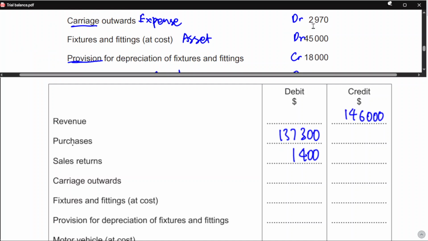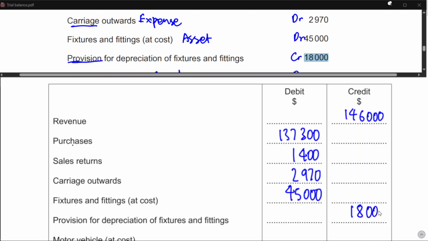Debit 2970, left, 2970. Debit 45,000, left, 45,000. Credit 18,000, right, 18,000.